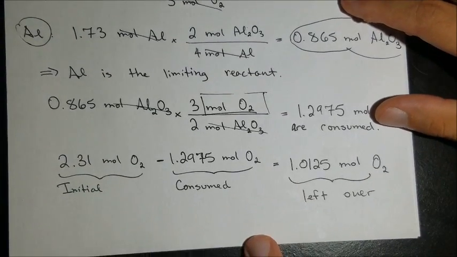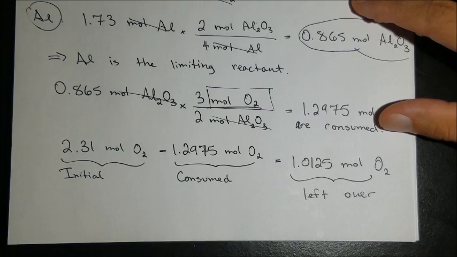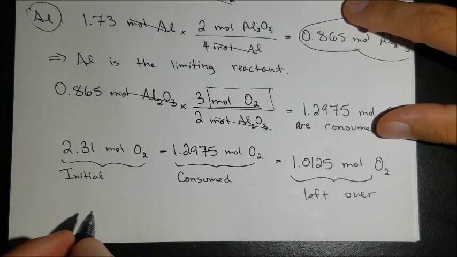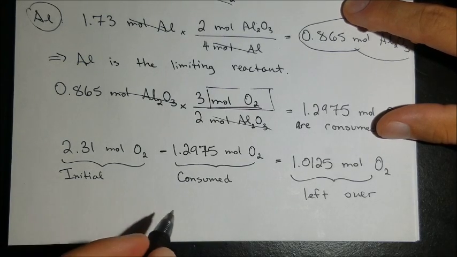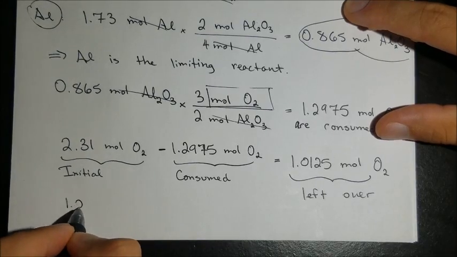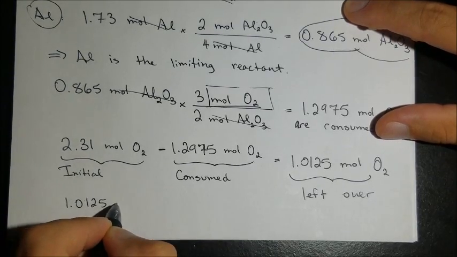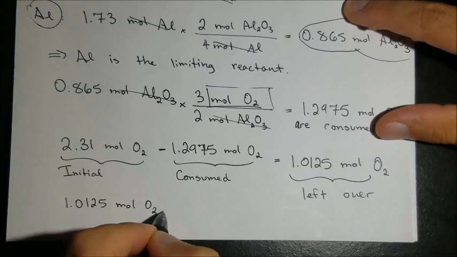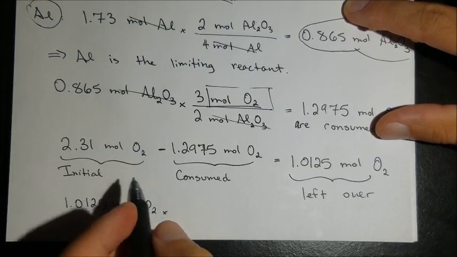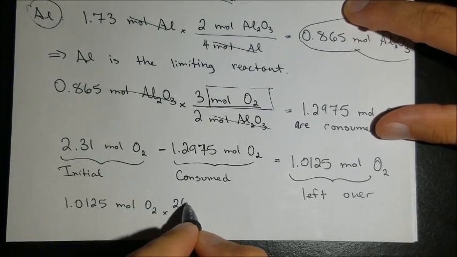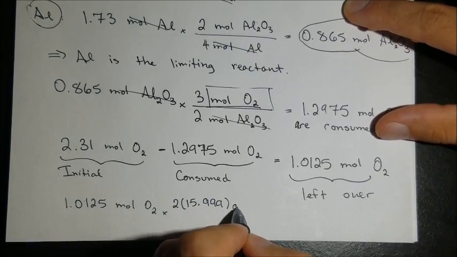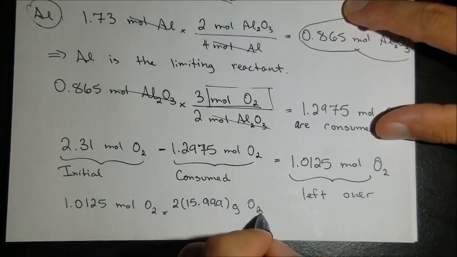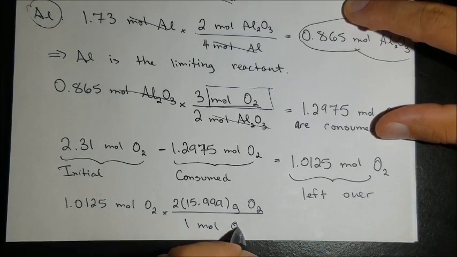So now that I'm in moles, I just have another simple unit conversion where I go from moles into grams, because that's what the question's asking. Right? The question's asking how many grams of reactant do we have left over. So I've got 1.0125 moles of O2, and now I just want to convert it into grams, so I'm going to do that by saying that 2 times 15.999 grams of O2 per mole of O2.